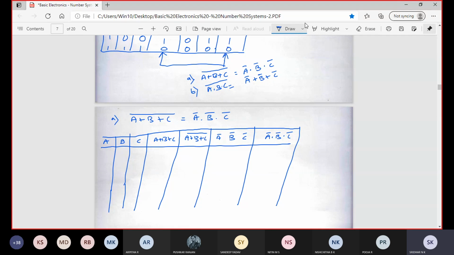Okay. Now, if it is a three variable, how many combinations will we get? 2 power n, which is equal to 2 power 3. You will get 8 combinations. So, how do I write those combinations?